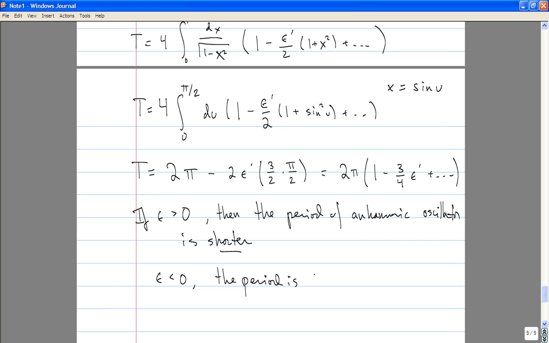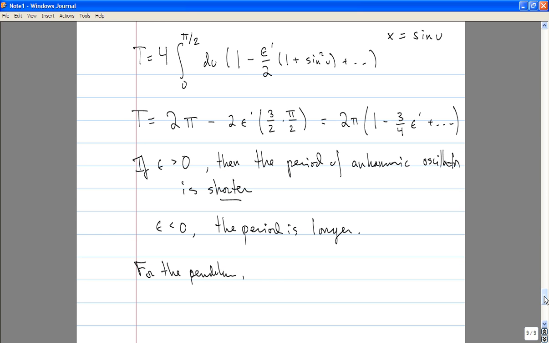So, for example, for the pendulum, you can compute epsilon just by Taylor expanding cosine theta around theta equals 0, and it was minus 1/6 because I had a 1/24th coming from the Taylor expansion of cosine, and then I defined a factor of 4 in my definition of epsilon.